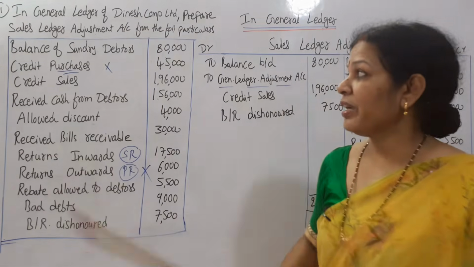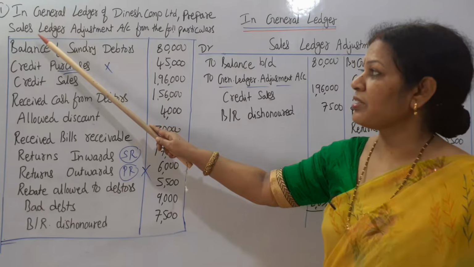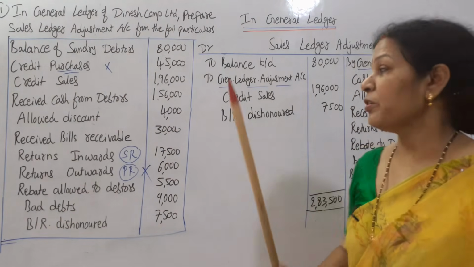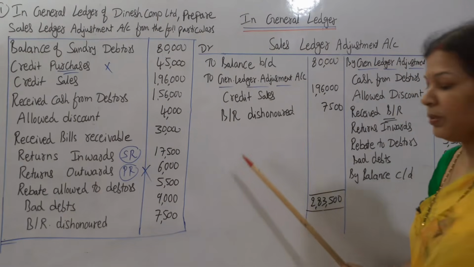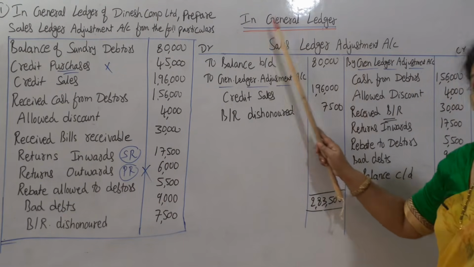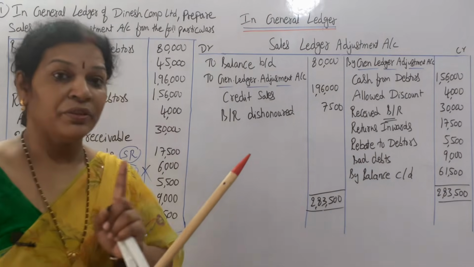In this problem, information is given in the general ledger, asking us to prepare the sales ledger adjustment account. How do you prepare it? We have drawn the format, sales ledger adjustment account in the general ledger. When we start this problem, always start with the opening balance.